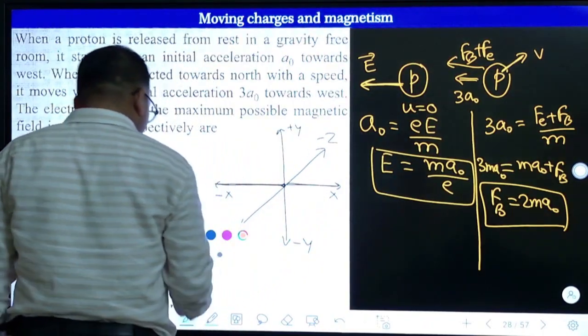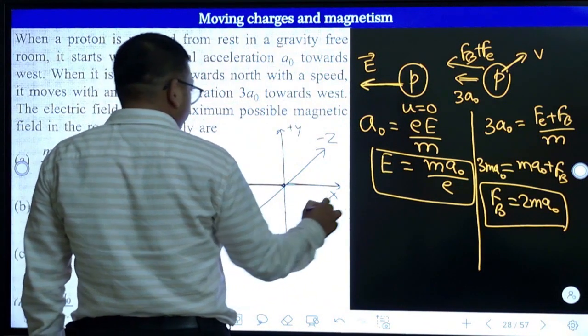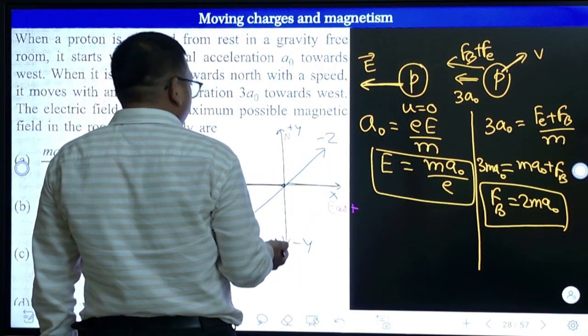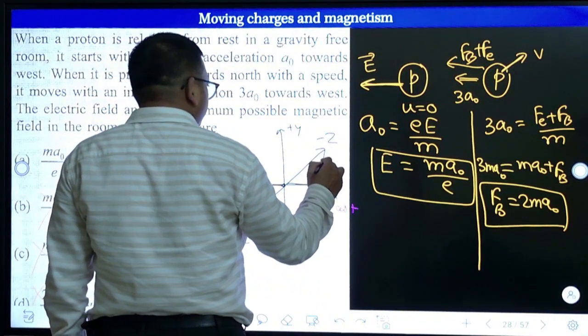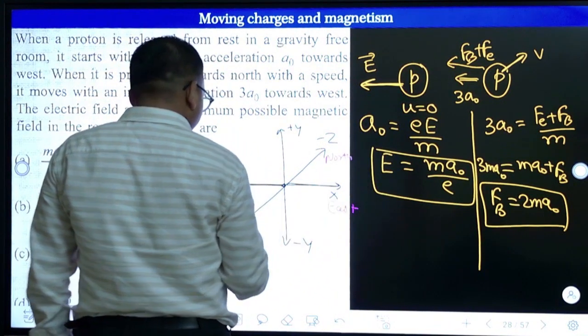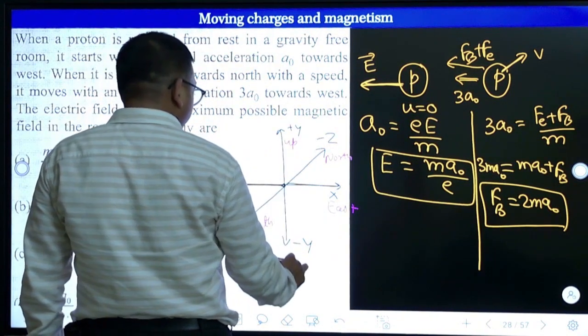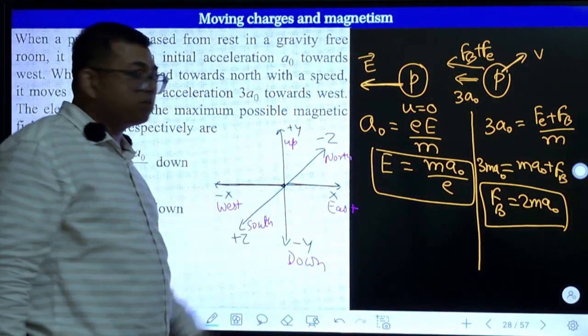Now if I write directions here, this direction is west, this direction is east, and upward is what? No, upward is not north. Front is north, so this is north, this is south, this is upward, and this is downward. Now it is clear. Unless you draw this diagram, things will not be clear.